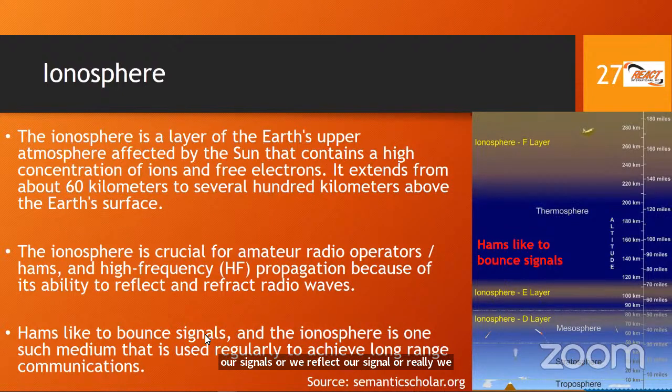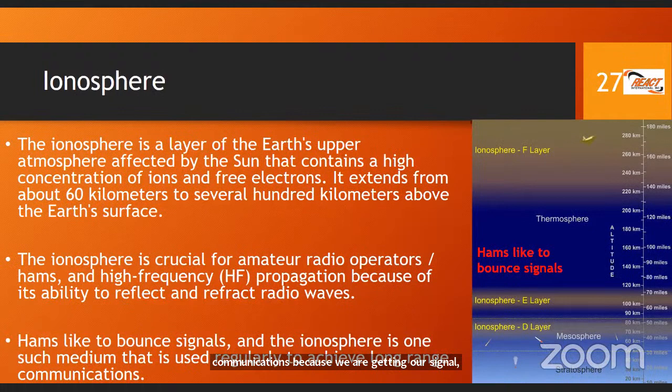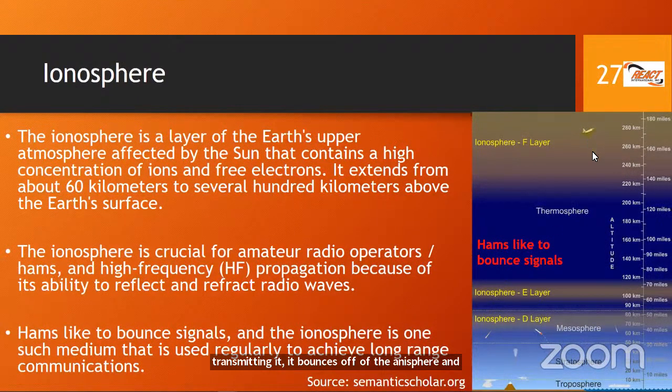And what that does, it allows us to achieve long-range communications, because we are transmitting our signal, it bounces off of the ionosphere and drops to a distance further away, or it bounces to another layer of the ionosphere and drops a little further away. So that's the whole idea of utilizing the ionosphere for amateur radio.